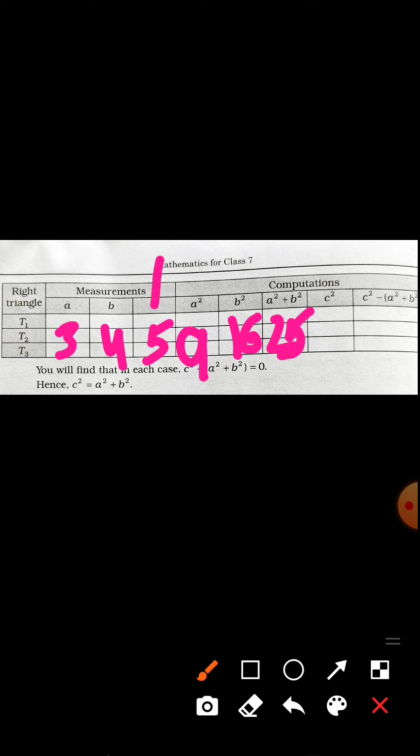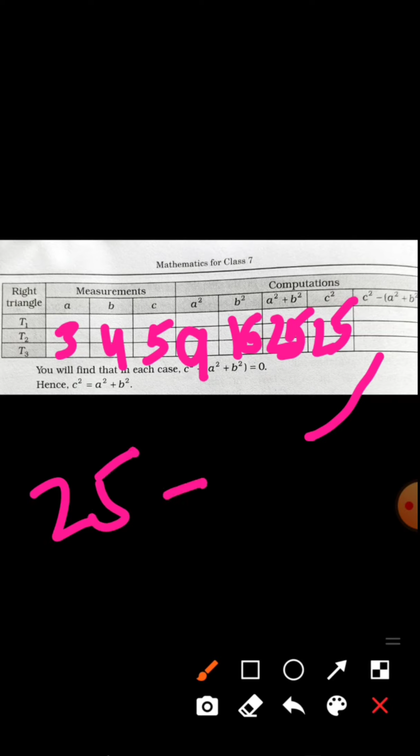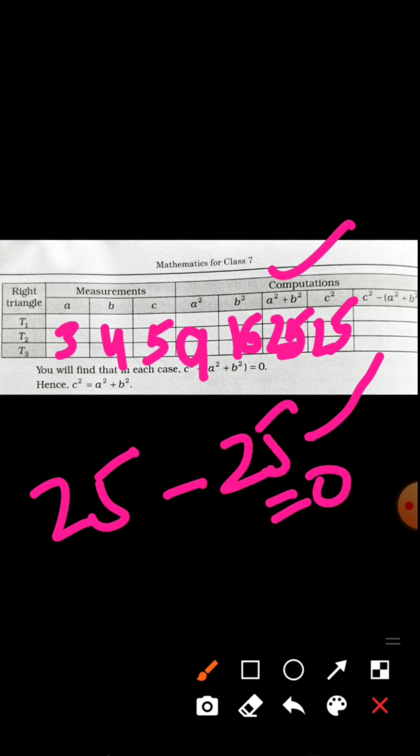And c square means 5 square, it will be 25. Now we need to find c square minus the sum of a square plus b square. So for c square we have 25, minus the sum of a square plus b square, this also 25, so the answer will be equal to 0. So in each case this value will be equal to 0. So you will do this.